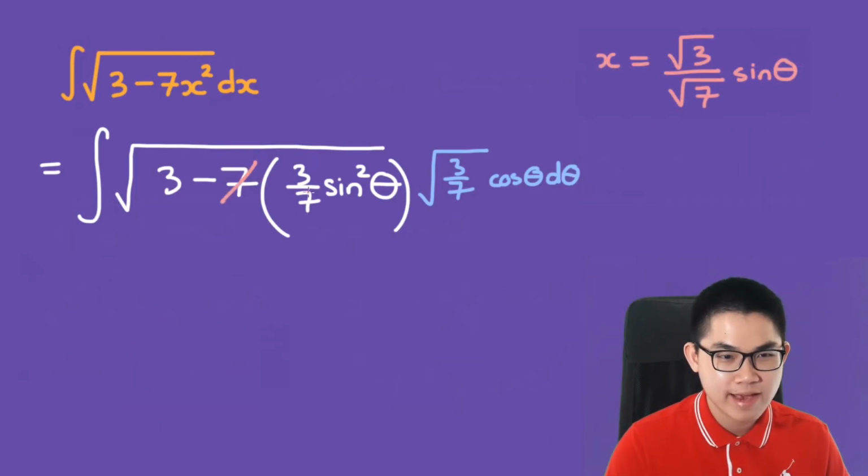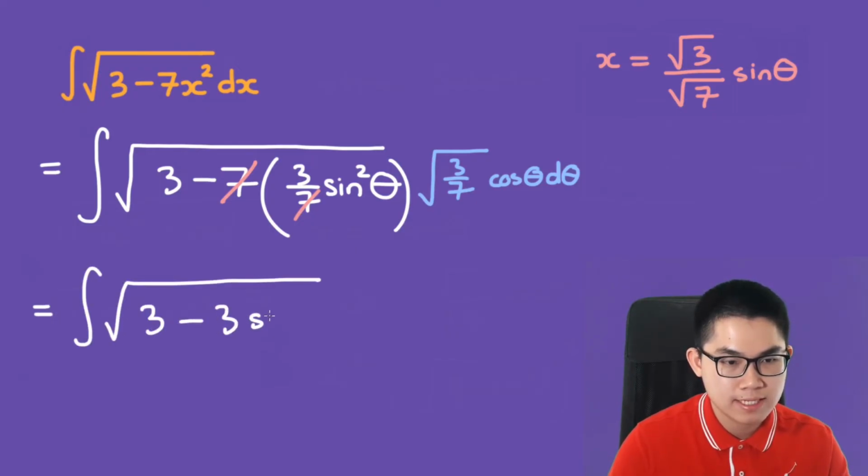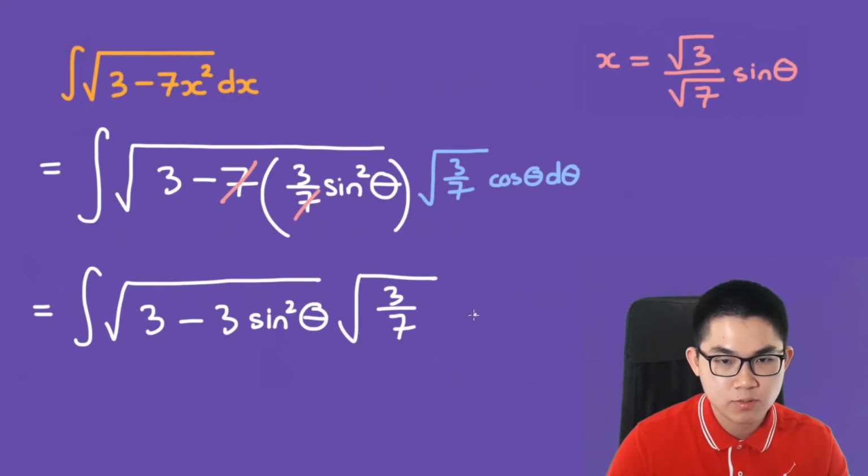Here the 7 will cancel out with this 7. So we have the integral of 3 minus 3 sine to the power of 2 times the square root of 3 over 7 cosine d theta.